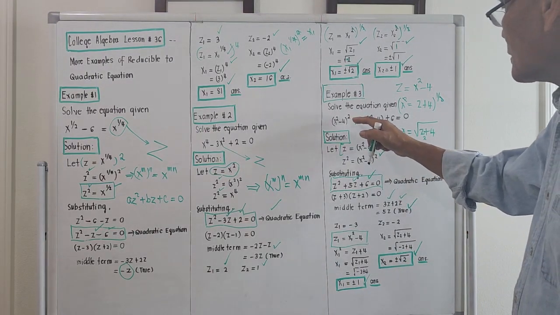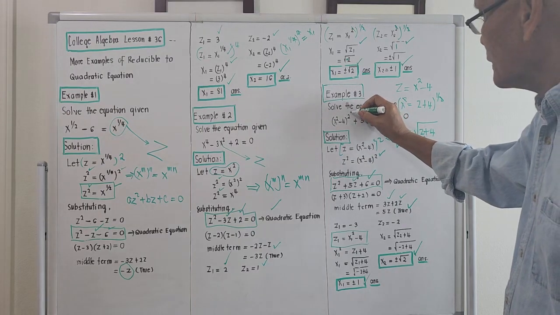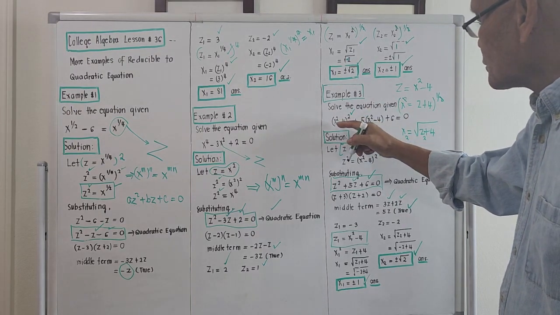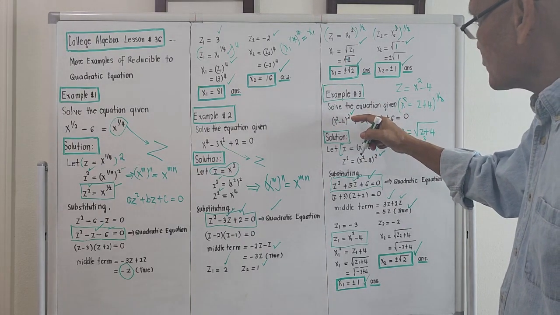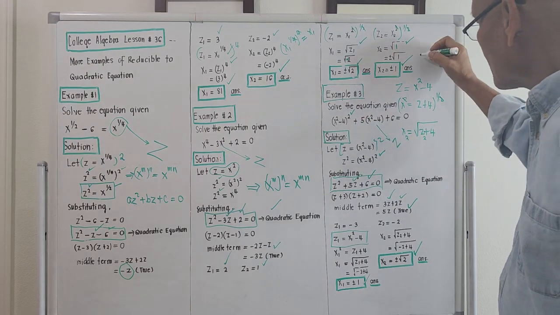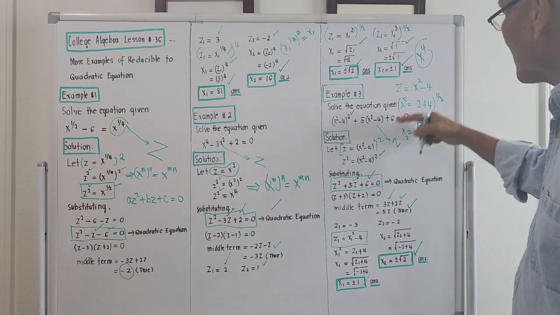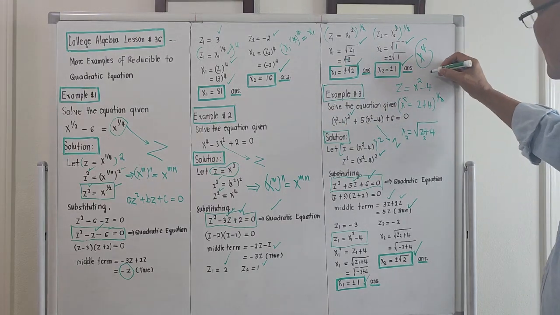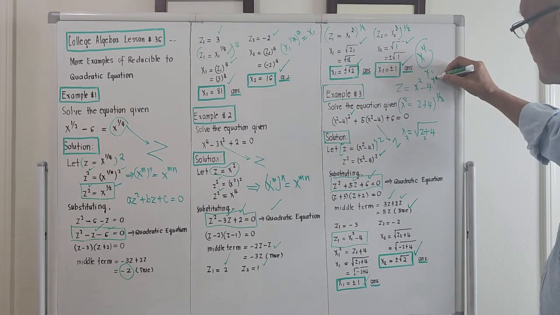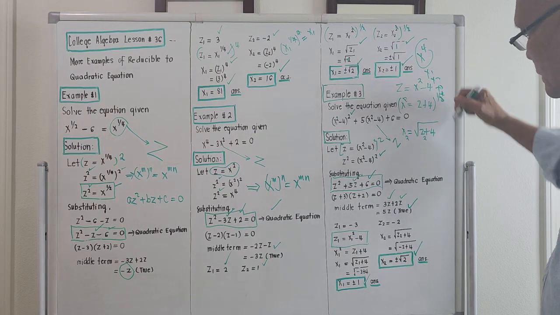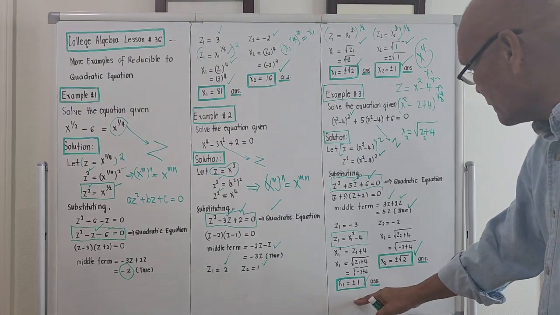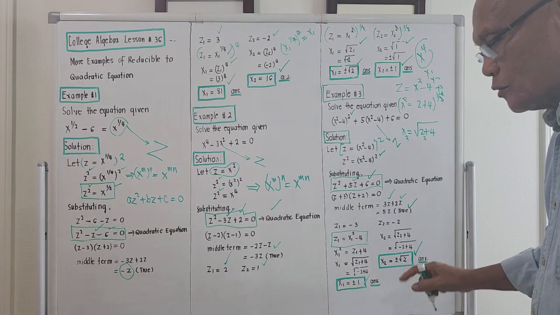Because this is raised to the second power, if you square, then raise it again to the second power, the highest power of x will be 4, so there will be 4 values: x1, x2, x3, and x4. So this is plus or minus 1, plus or minus the square root of 2.